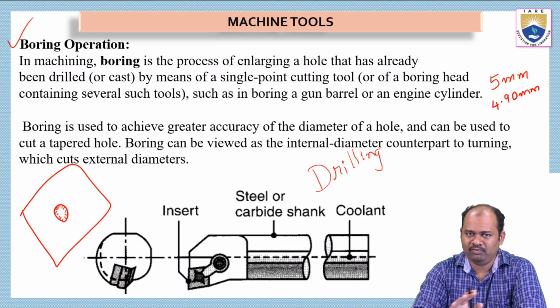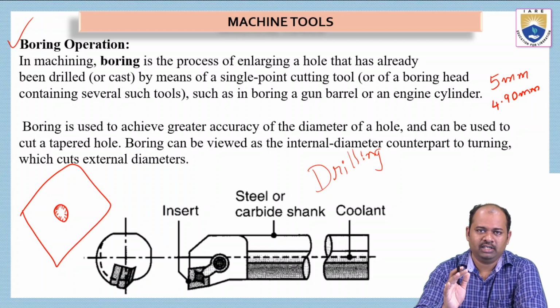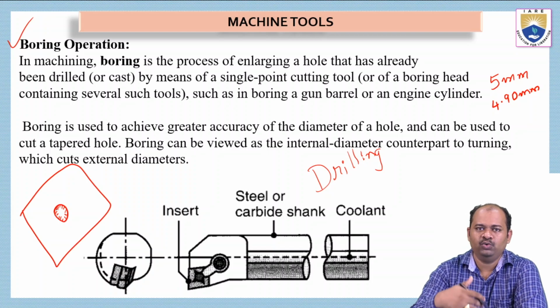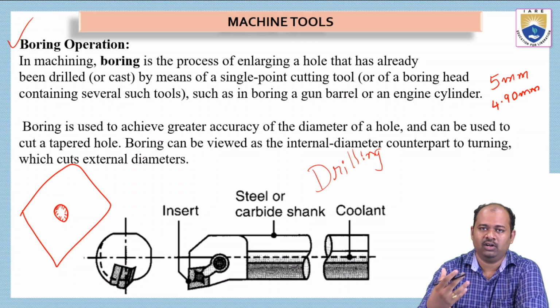We have a workpiece, we have made a hole, but the inside surface of the hole is very rough and not smooth. We have to do some more smoothing or finishing operations in order to make it useful, or in order to make a 5 mm diameter bolt fit into this hole.